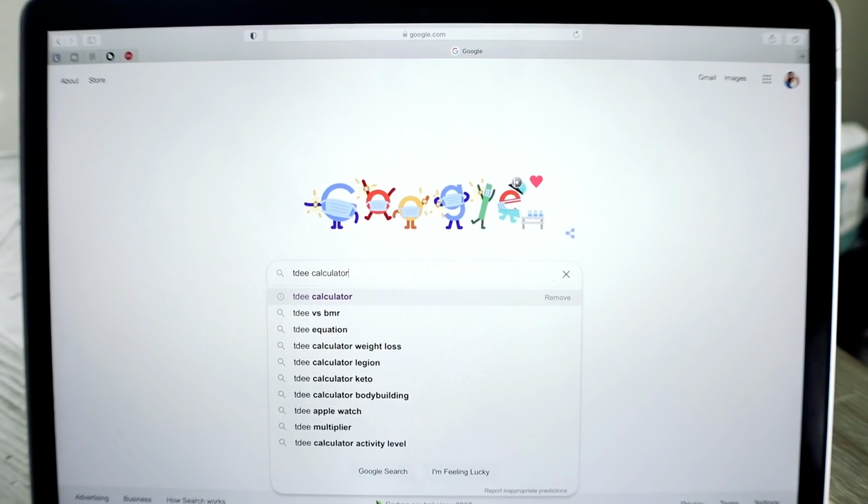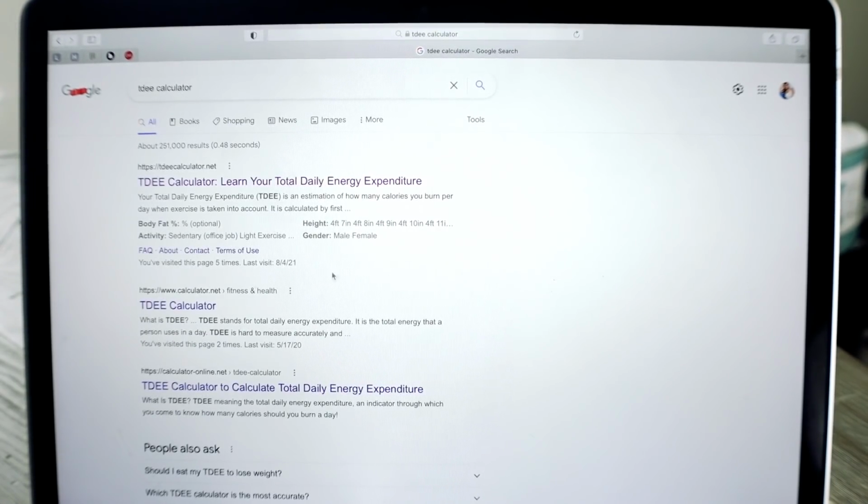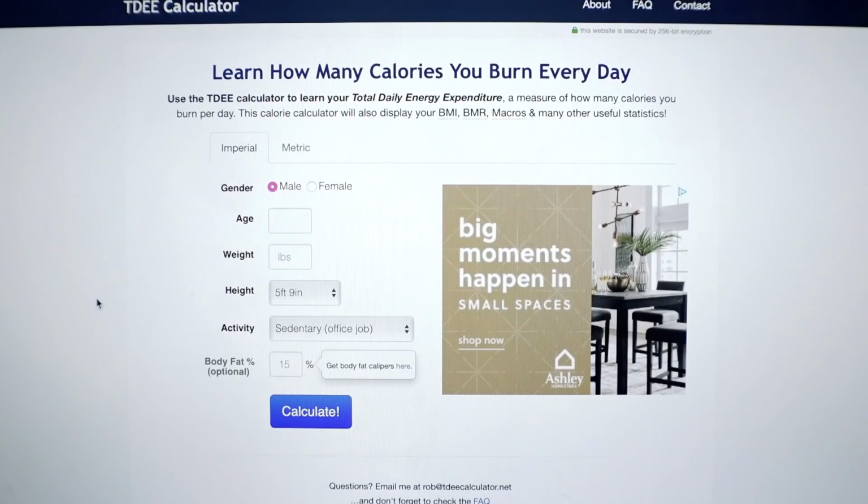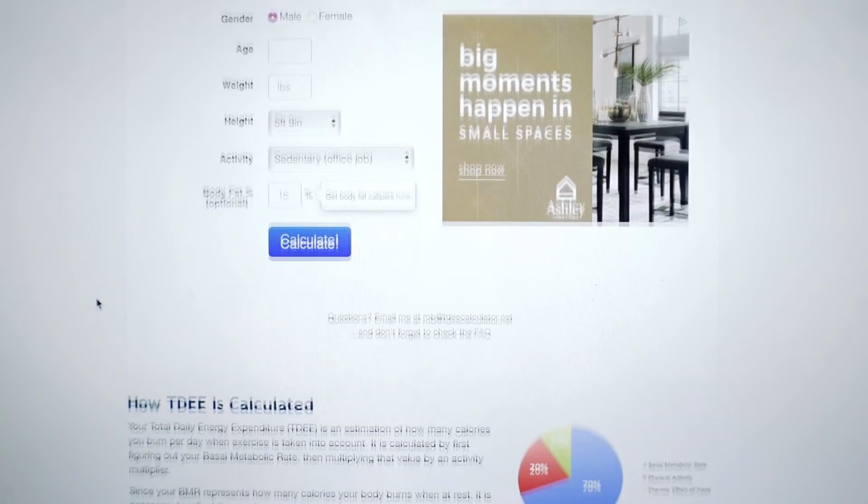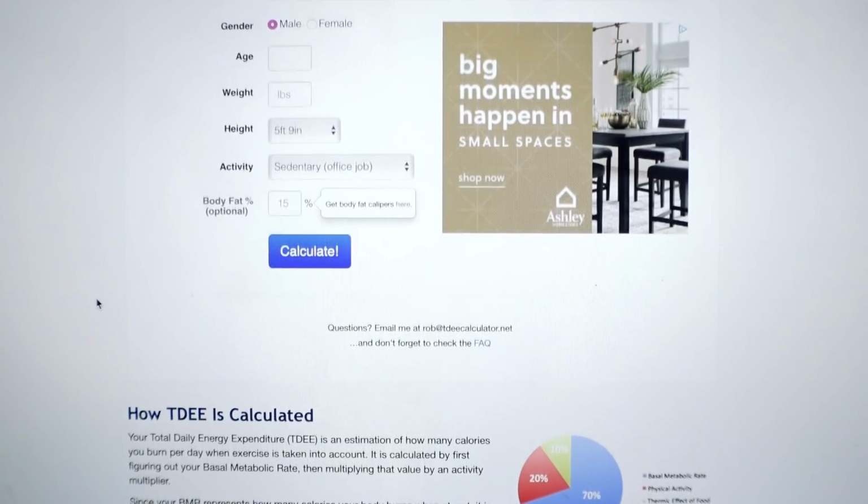TDEE calculator popped right up. And I use this one right here that's highlighted up at the top. So this is how it looks, and it gives you a little bit more information about how the TDEE calculator is calculated.